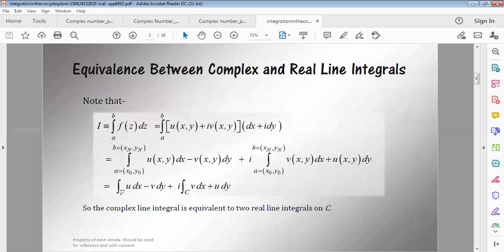So we can write this, with limits a to b on both. And what does C mean? Integration over curve C. This reads as the line integral over curve C of u dx minus v dy, plus i times the line integral of v dx plus u dy. This is actually the formula for the line integral for the curve C.